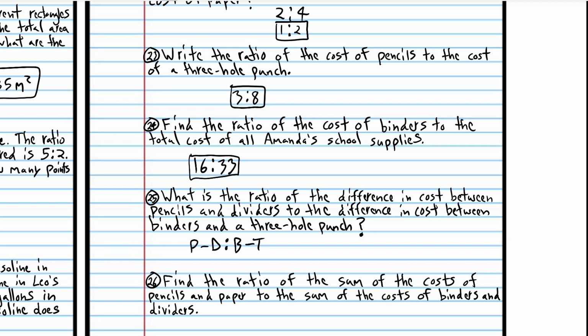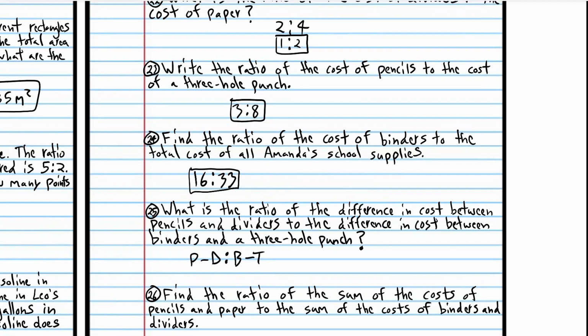Up here we have the ratio of the cost of binders to the total cost, which we could write as S for sum. But down here we want pencils minus dividers to binders minus 3-hole punch.